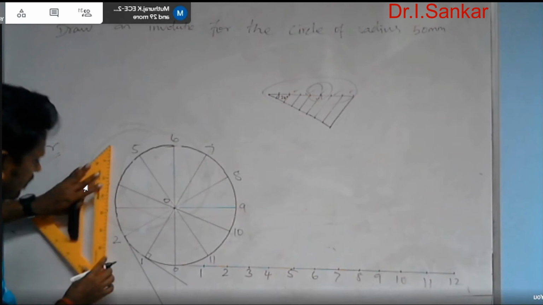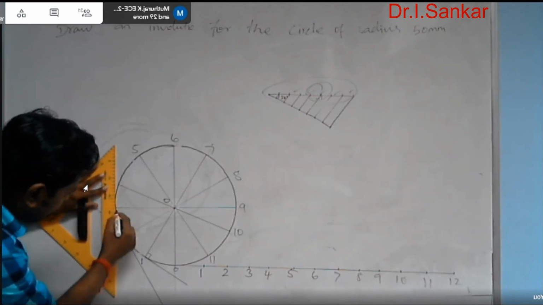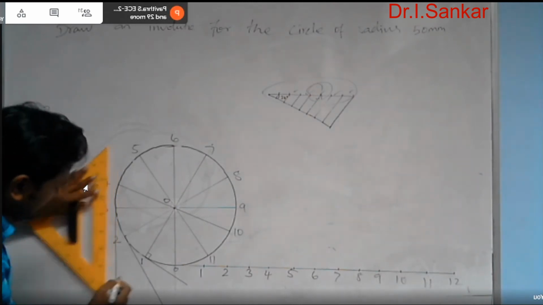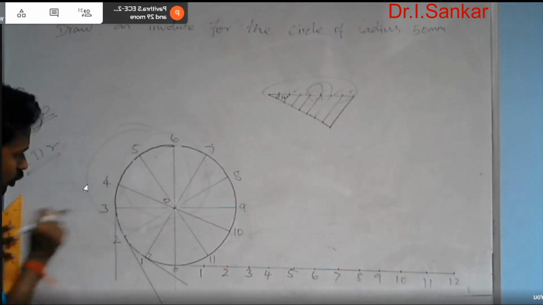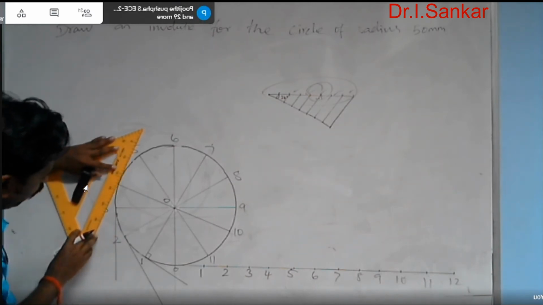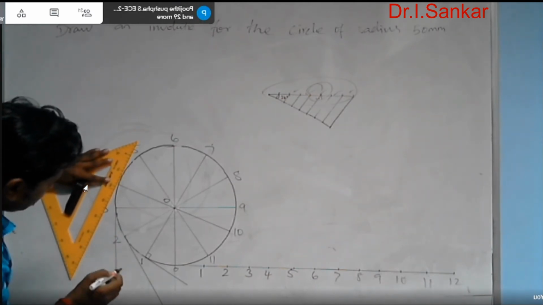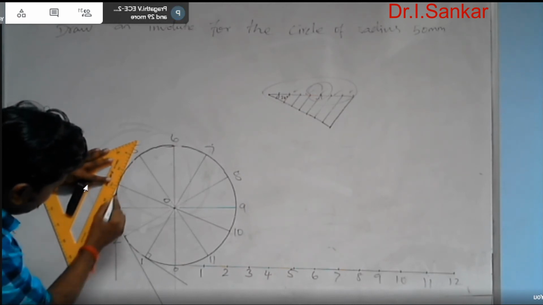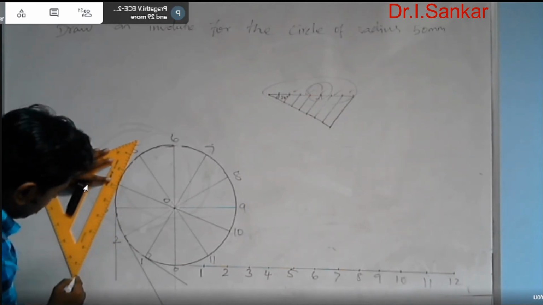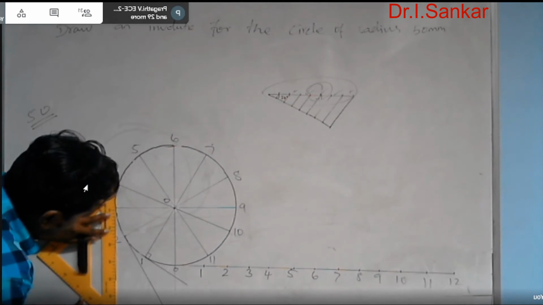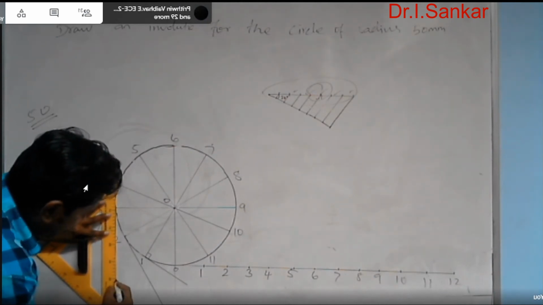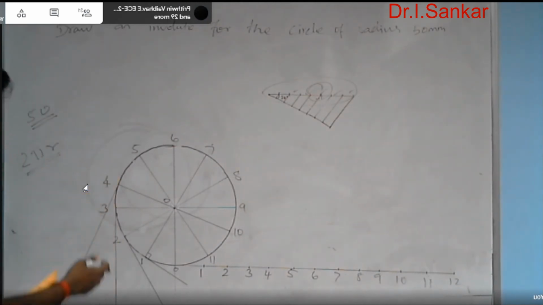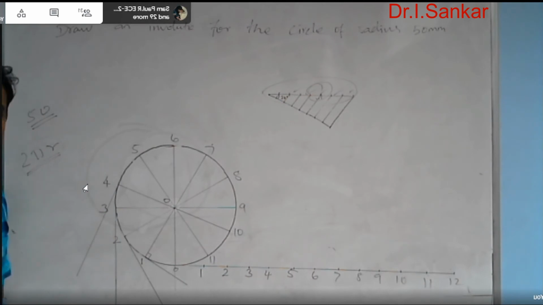The same way, from 3 you have to draw a line. This line should be perpendicular to O3. From 4 again. The length you need to draw is approximately 5 or 6 centimeters.